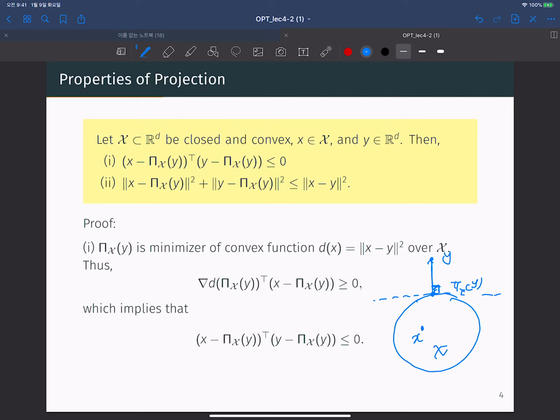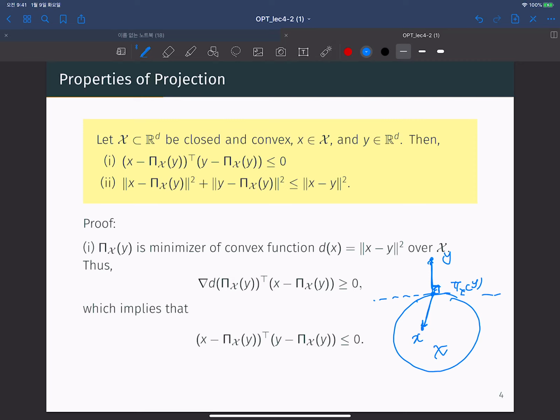Okay, and then x is here. So when you draw a vector from the projected point to here, then definitely this vector and this vector will have some kind of opposite direction.